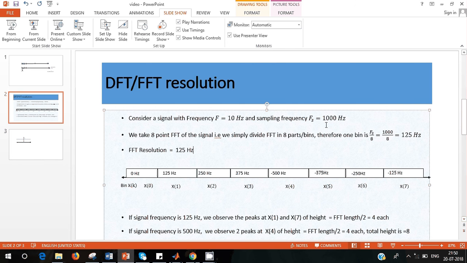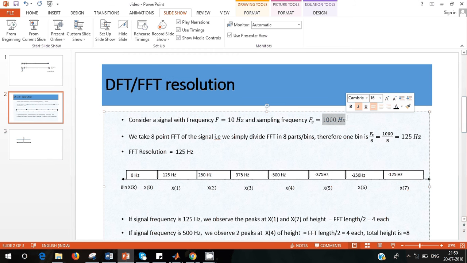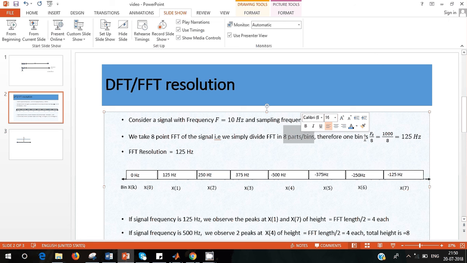You have the frequency region of 1000 hertz, which is the sampling frequency, and you are dividing that into 8 equal parts. So one part is 125 hertz. This is called the FFT resolution. Where the sampling frequency is 1000 hertz, we are taking the 8 point FFT or 8 point DFT, and you have one part as 125 hertz.